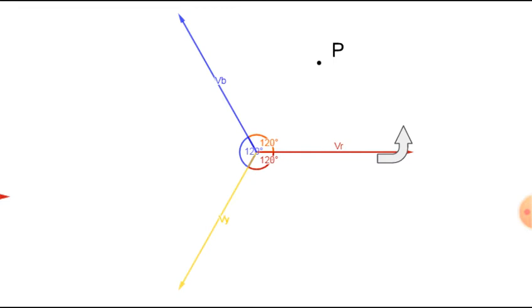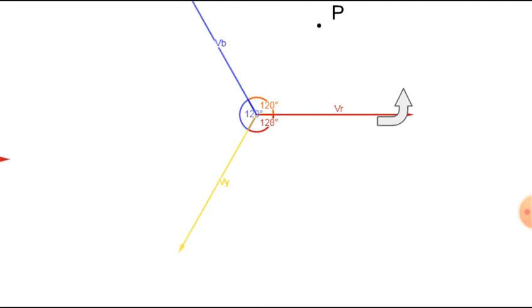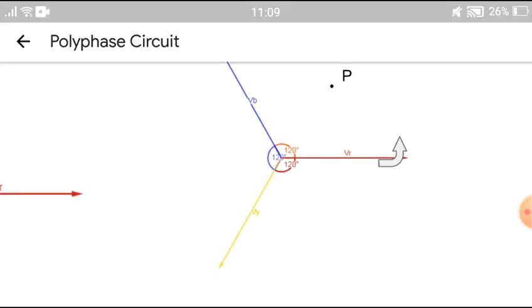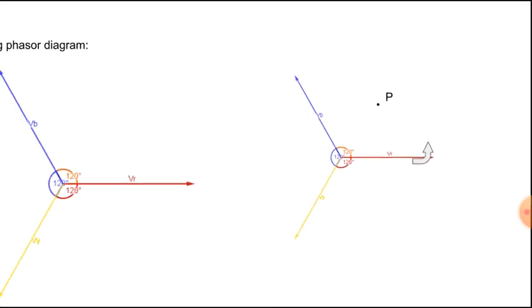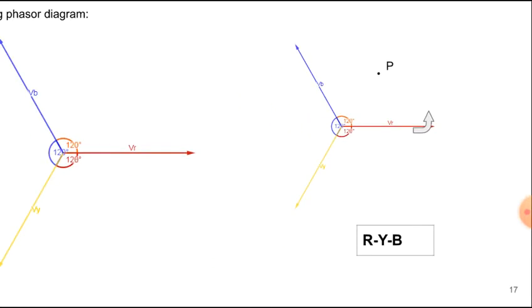Whoever crosses that point first will be our phase sequence. If we rotate that one, the red one will first cross that point. The second one will be VY, or V yellow, then the last one will be the blue one. So the sequence will be RYB.